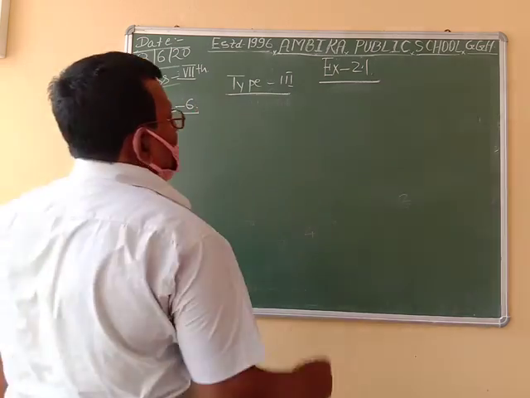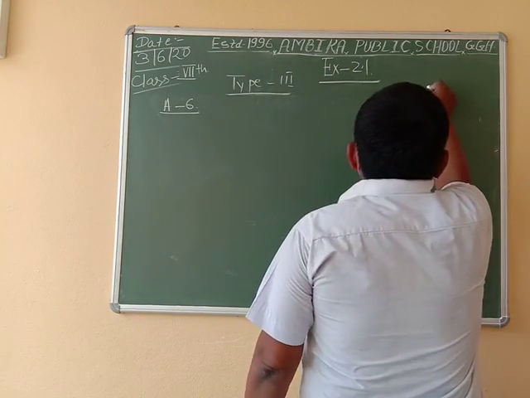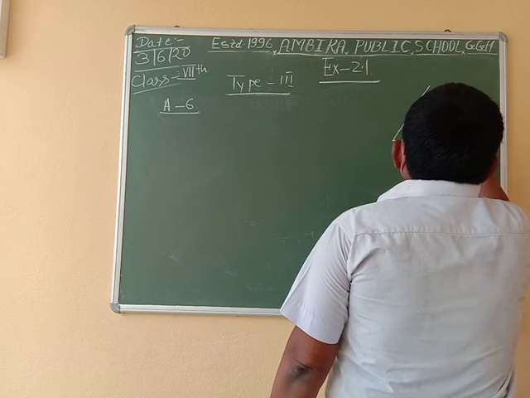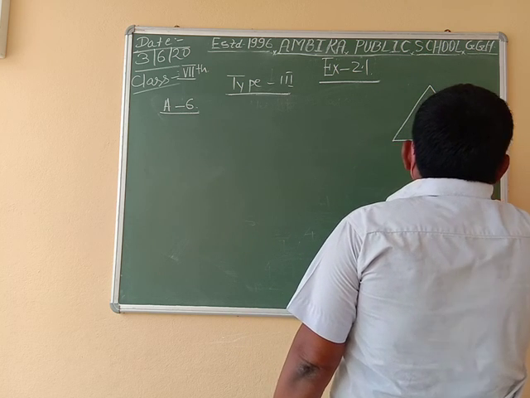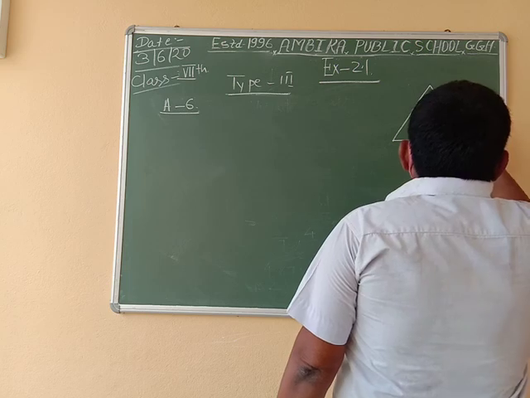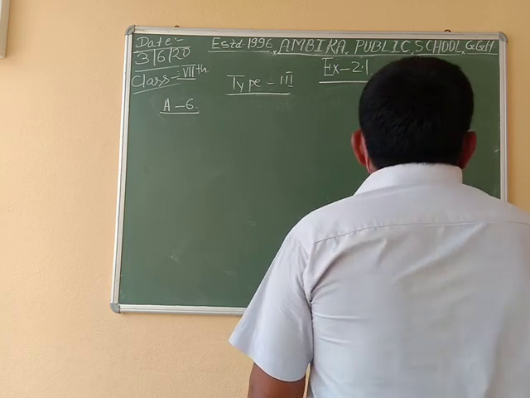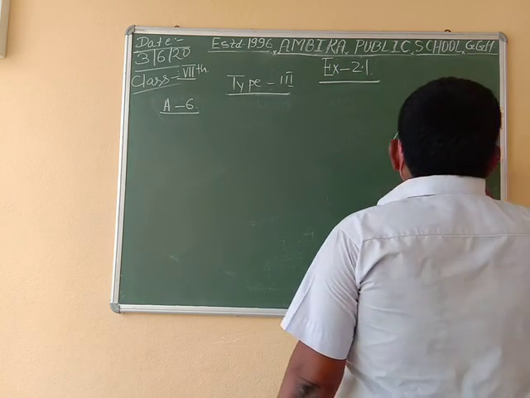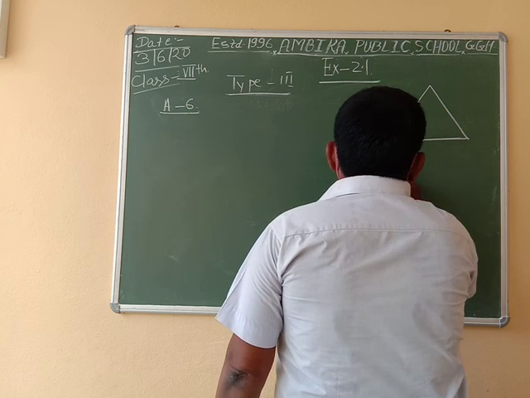Answer 6. We construct a triangle, and from one side of the triangle a rectangle is attached.